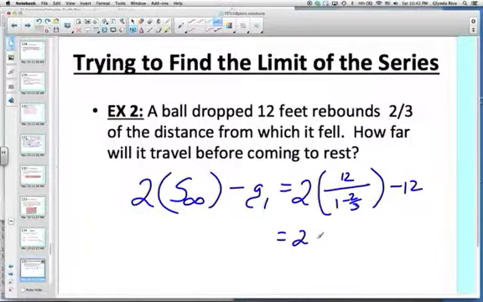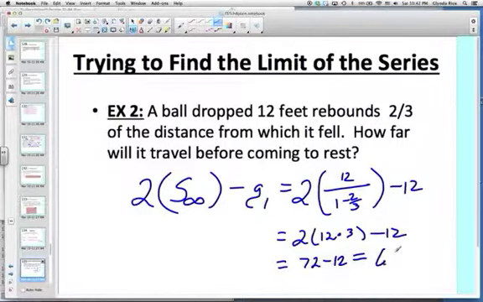So that's 2 times 12, 1 minus 2/3 is 1/3, multiplied by the reciprocal, times 3 over 1, and then minus 12. 12 times 3 is 36, times 2 is 72, minus 12, 60 feet.